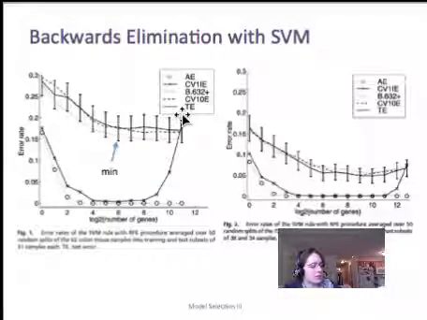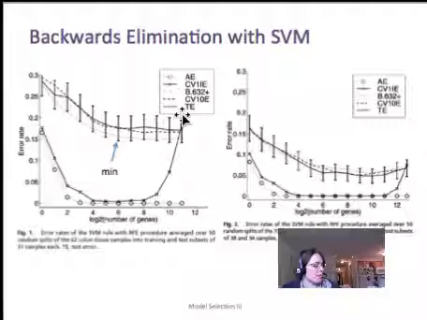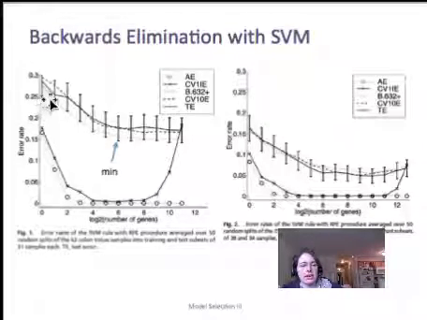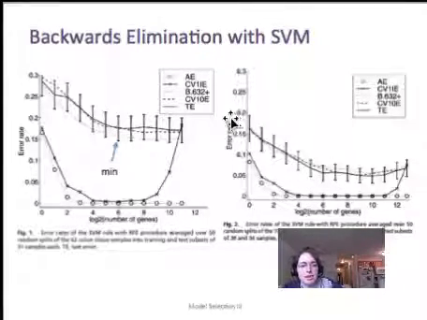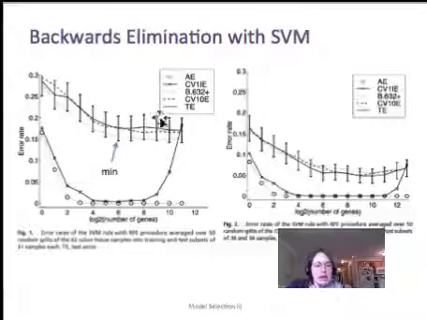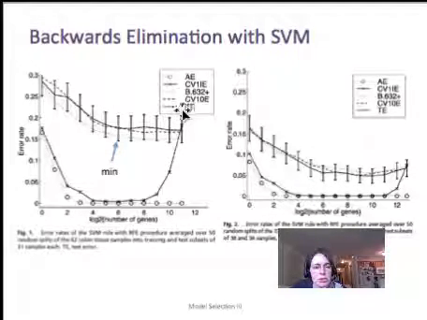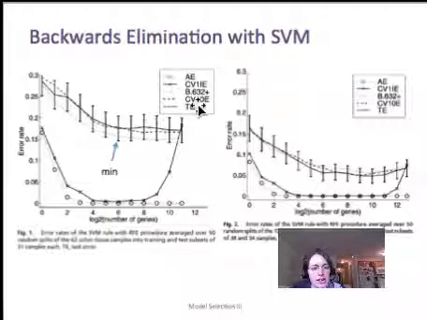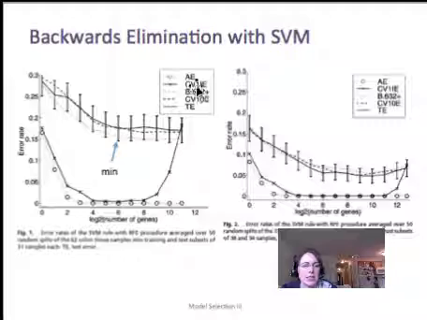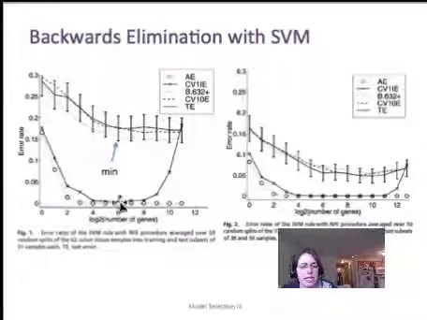I believe that's what they do. But nonetheless, they have a test error here, and that test error corresponds better to the cross-validation, tenfold cross-validation, and the bootstrap, of course. And then you see the training error, AE, way down here.